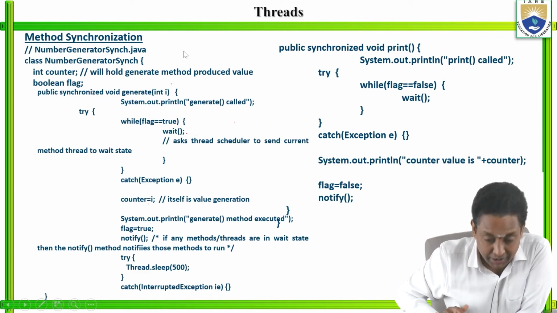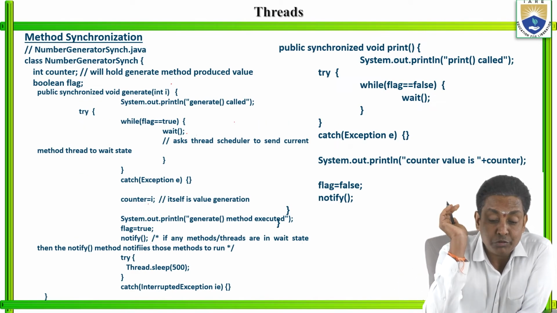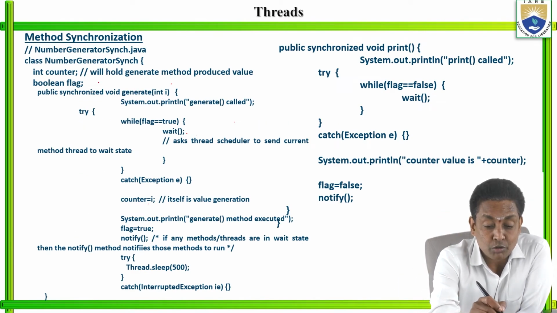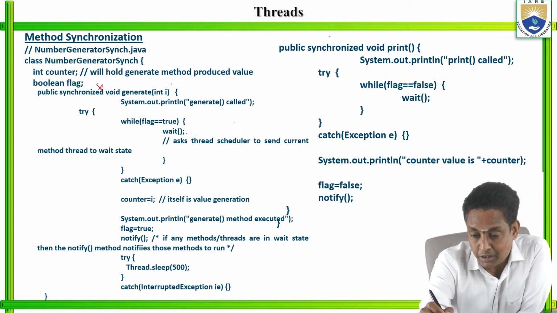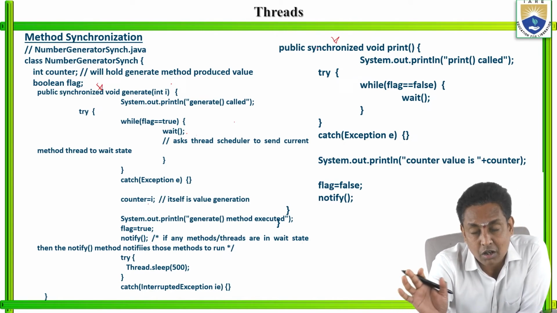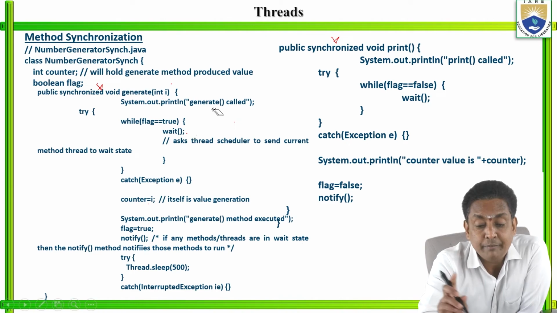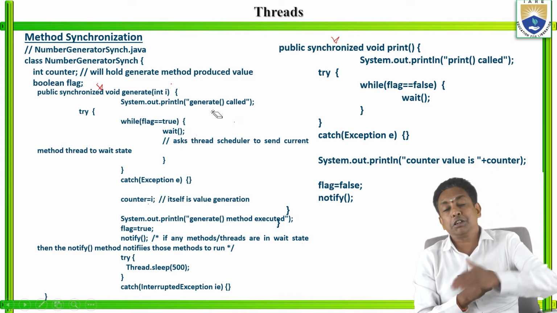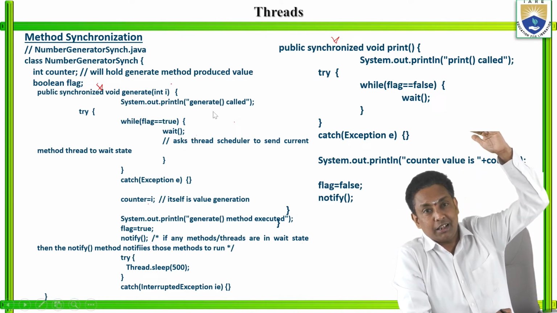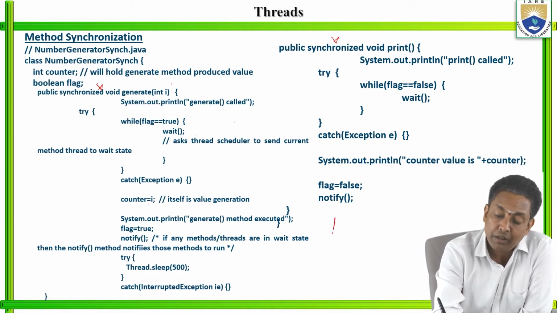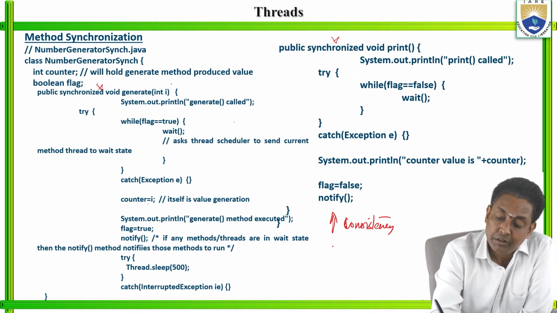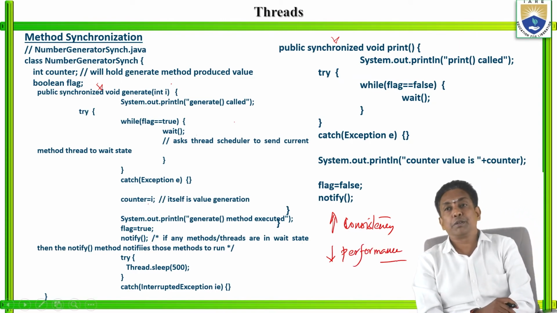But the main drawback is, suppose in future this generate method does not want to run as a synchronized method, and the print method also wants to run as a normal method, because synchronization increases consistency but decreases performance. Performance is reduced compared with concurrent execution.